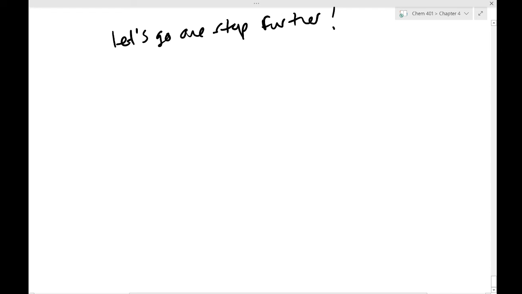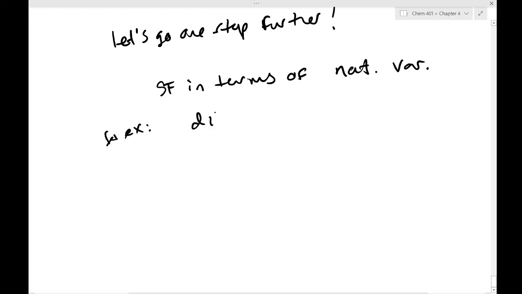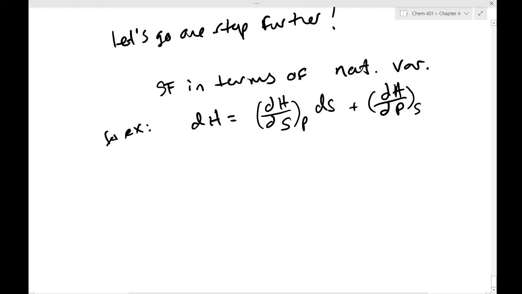And what I mean when I say that, so we have a state function in terms of natural variables. What I mean by that is, for example, dH, the overall change in the enthalpy, is equal to the change in enthalpy with respect to the entropy at constant P times dS plus the change in enthalpy with respect to pressure at constant entropy times dP.